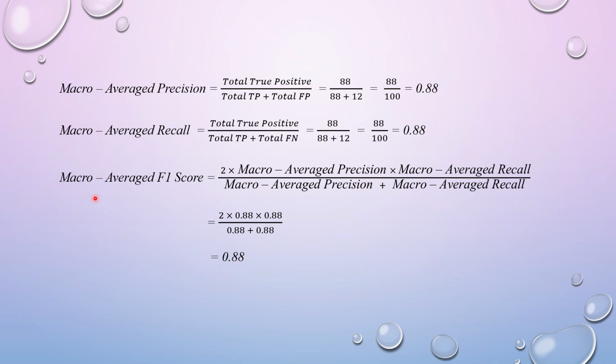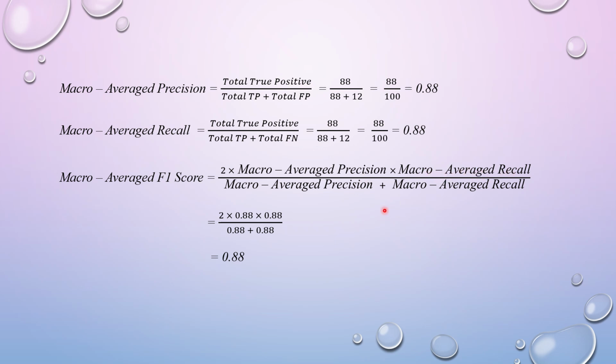Next, micro average F1 score. Formula to calculate micro average F1 score is 2 into micro average precision into micro average recall divided by micro average precision plus micro average recall. So already we know the value of micro average precision and micro average recall.